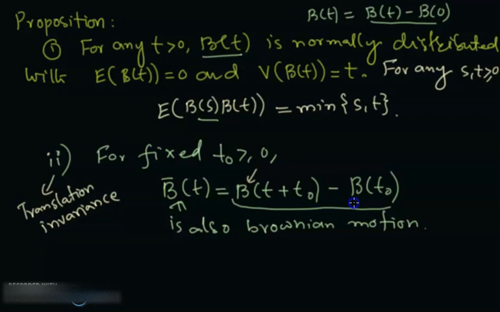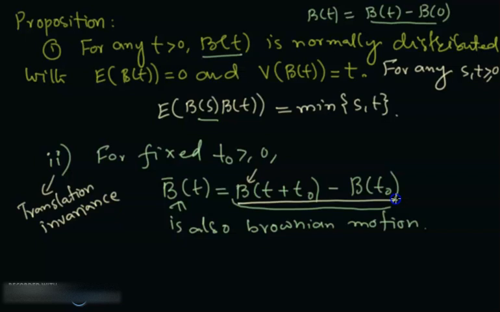So even if you translate it, it remains Brownian motion. So the translation of Brownian motion in this way is also Brownian motion. So that's the second property that you should keep in mind.